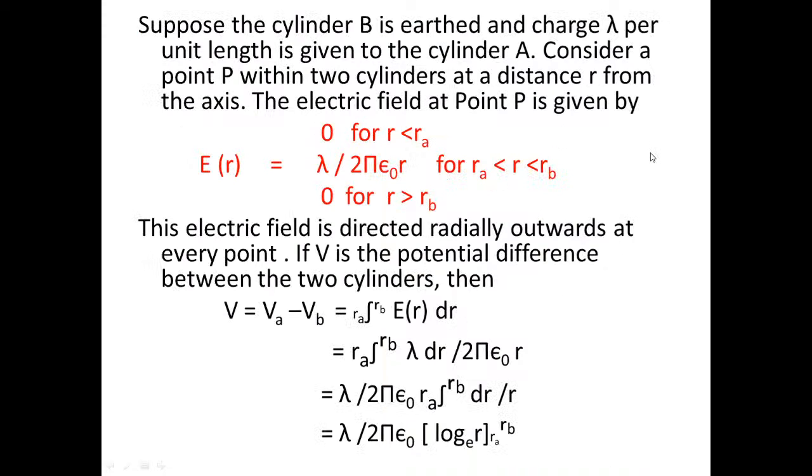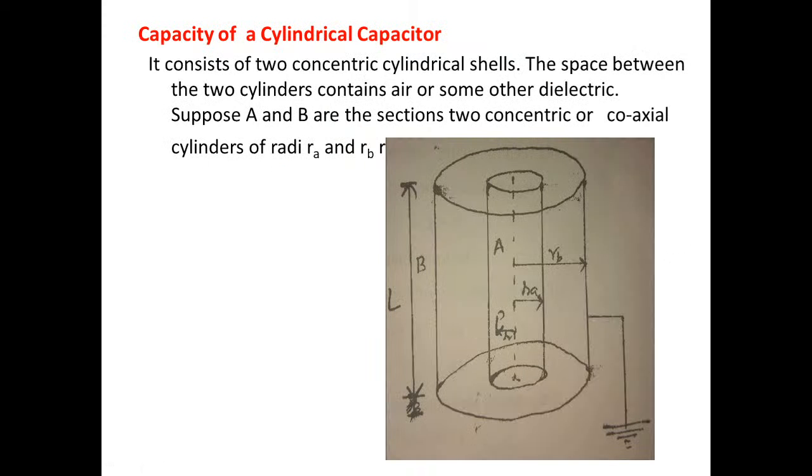Suppose the cylinder B is earthed and charge lambda per unit length is given to the cylinder A. Consider a point P, this one, within the distance RB and RA. The point P is lying here.